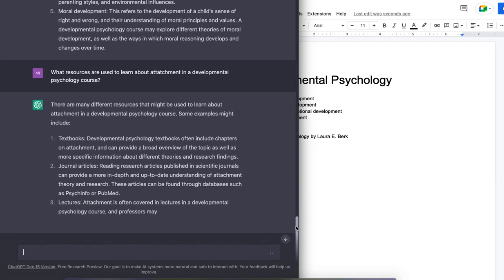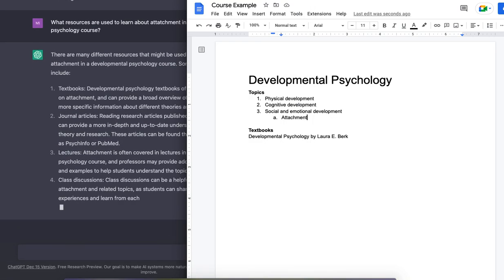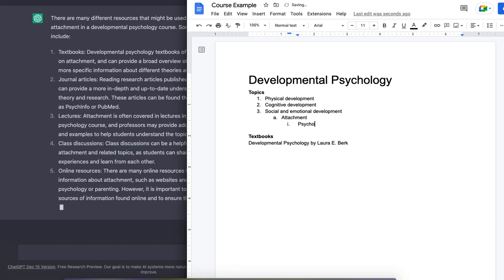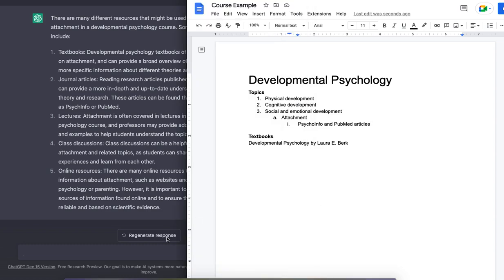So journal articles, and in particular PsycInfo and PubMed. I'll go ahead and list that here, but that's probably just general PsycInfo and PubMed articles. Okay, lectures, online resources. They don't list any specific online resources. You could go on to ask what are some specific online resources or online blogs that cover attachment, and find all sorts of resources that you wouldn't have known about.